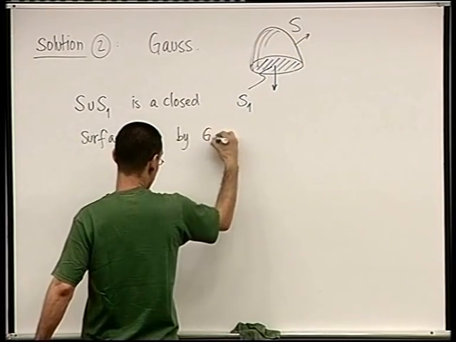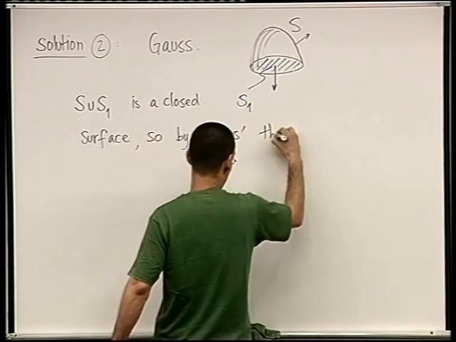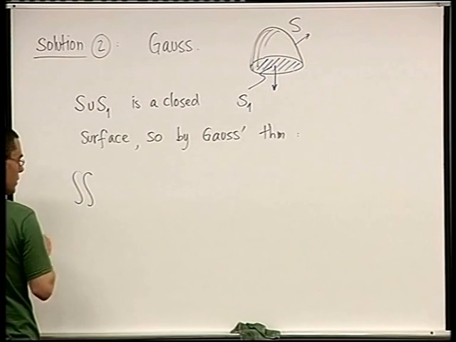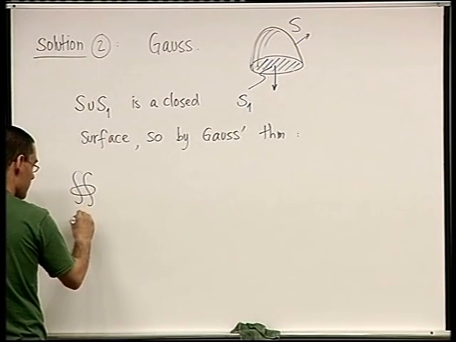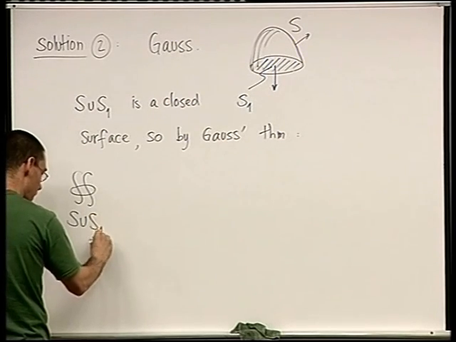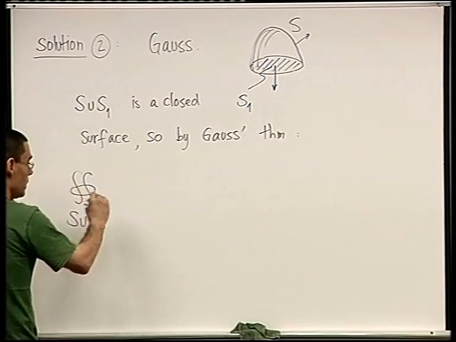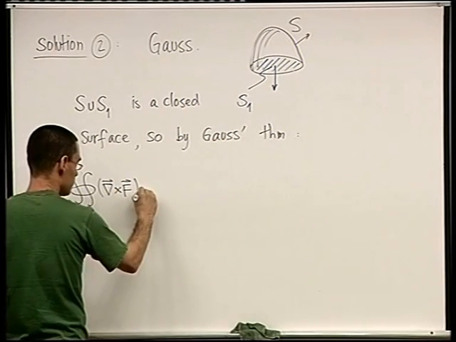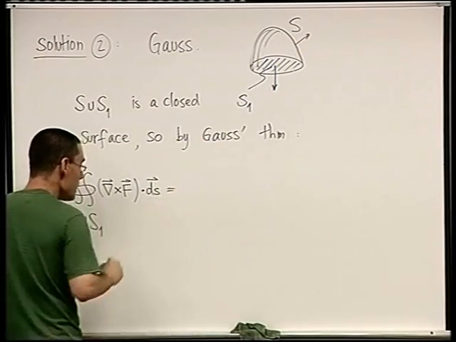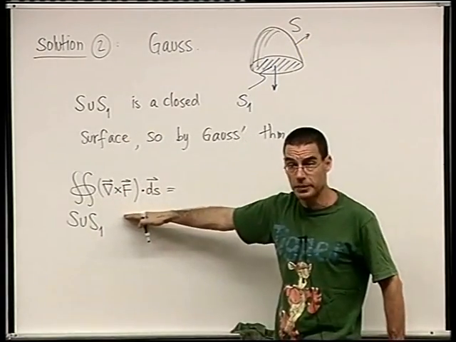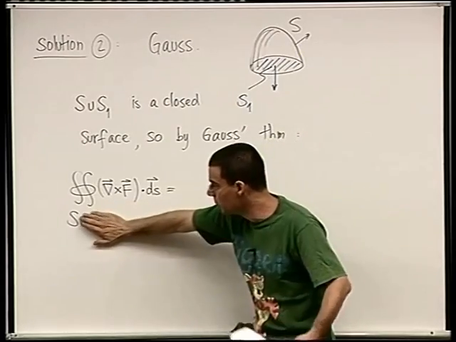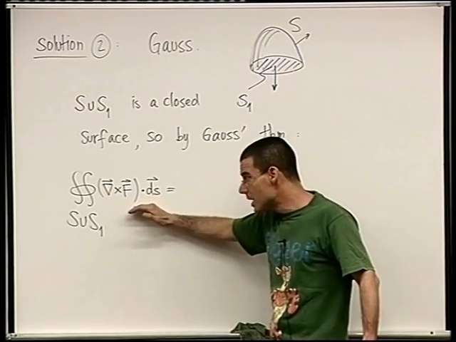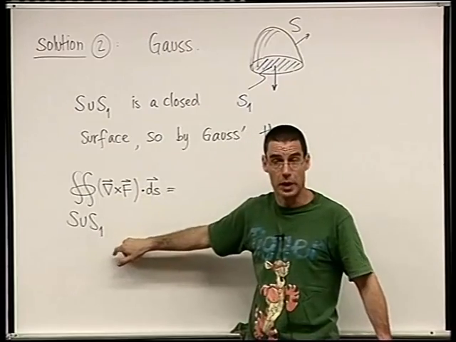So, by Gauss's theorem, the surface integral on the closed surface S union S1 of the field that I'm looking at, the field that I was interested in was the rotor, equals, note that this is not what I want to calculate. What I want to calculate is this integral only on S, not on S union S1, right? I'm going to calculate this and then subtract the calculation on S1.